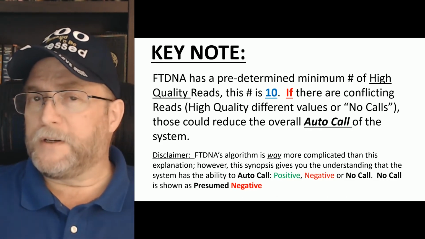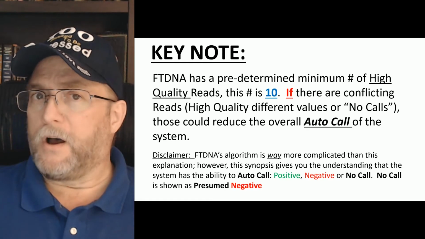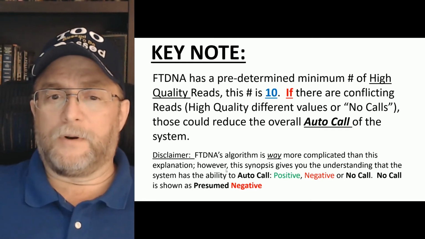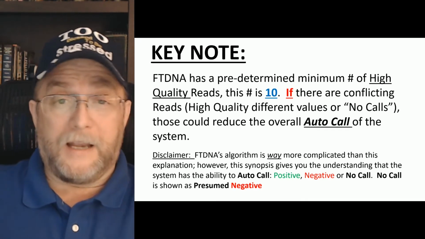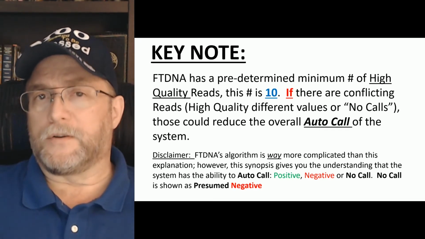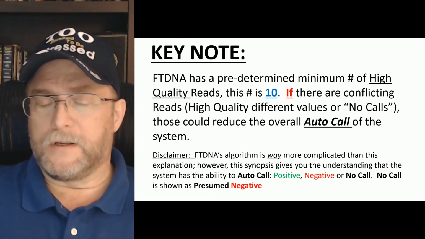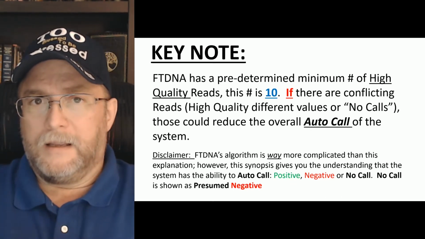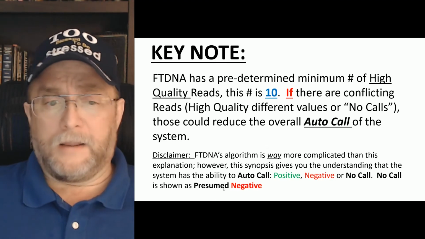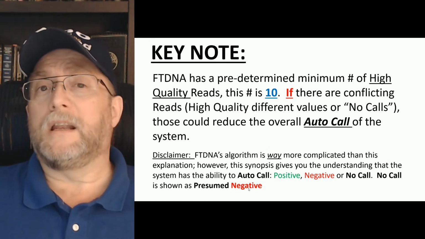If there are some issues there, it can actually reduce the auto call. Now the disclaimer is that FTDNA's algorithm is a lot more complicated than this, but this is one of the key factors. There has to be 10 positive reads for a value to be either the reference or the derived. If not, then presumed negative will show up.